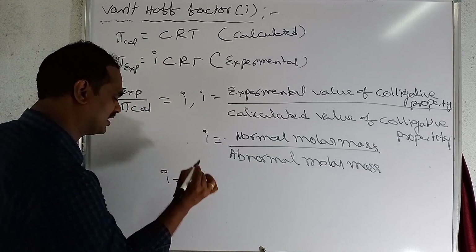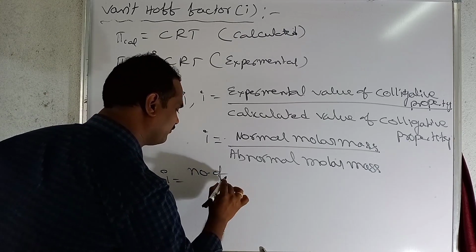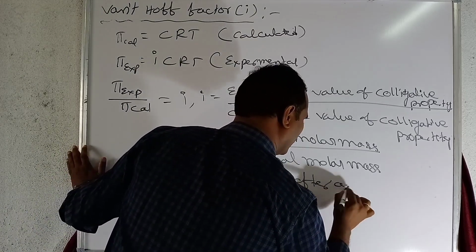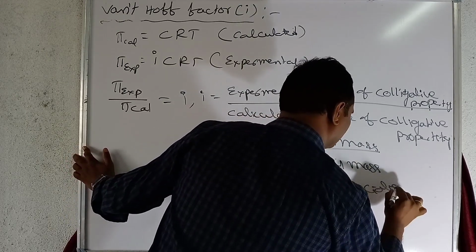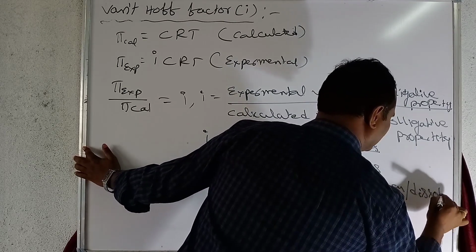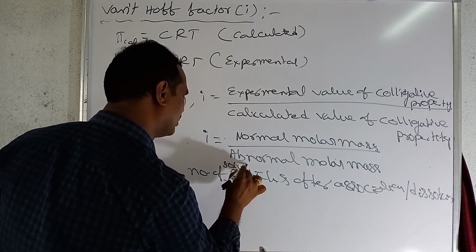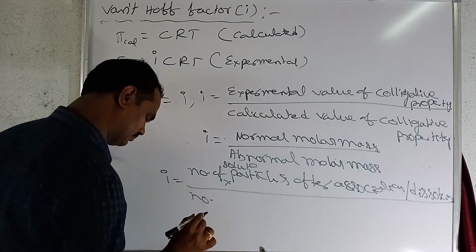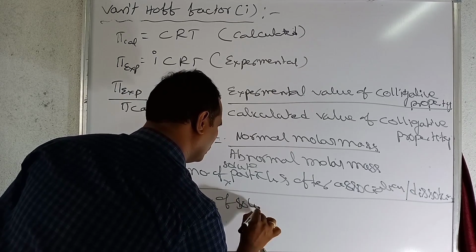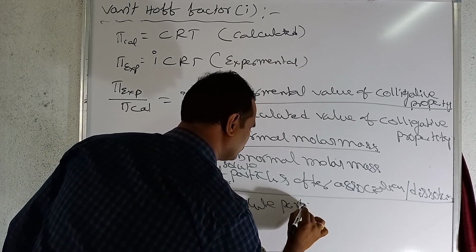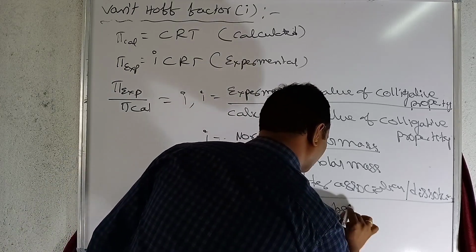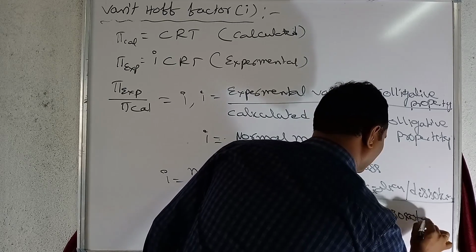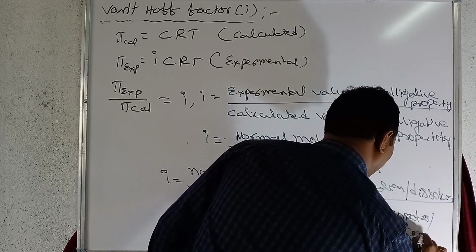Next, one more formula. i is equal to the number of solute particles after association or dissociation by the number of solute particles before association or dissociation.